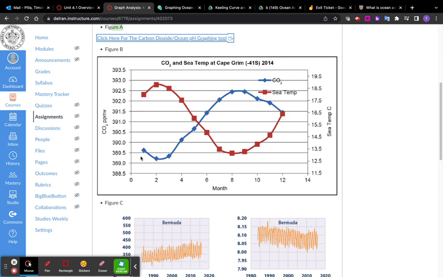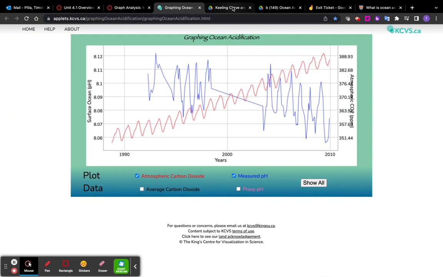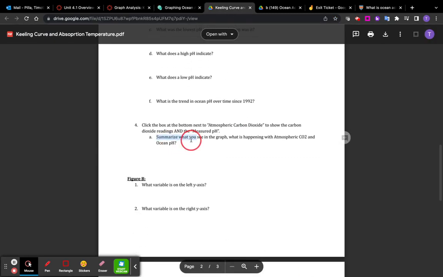We have 12 months, starting with 1, 2, 3, 4, 5, 6, 7, 8, 9, 10, 11, 12. What's happening with the sea temperature over that year? And what's happening with the dissolved CO2? That's how much CO2 is dissolved in the ocean at those months. Try to figure out a relationship between the temperature and how much CO2 can be dissolved. And you're going to summarize that here.